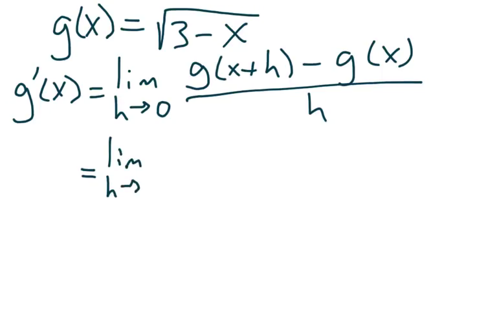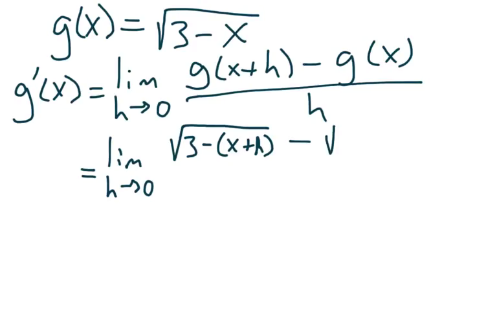Plugging everything in gives us the limit as h approaches 0 of the square root of 3 minus parentheses x plus h. Don't forget those parentheses. Minus the square root of 3 minus x all over h.